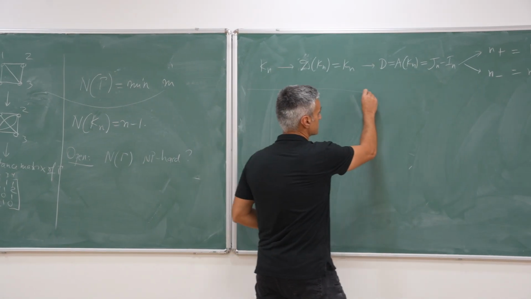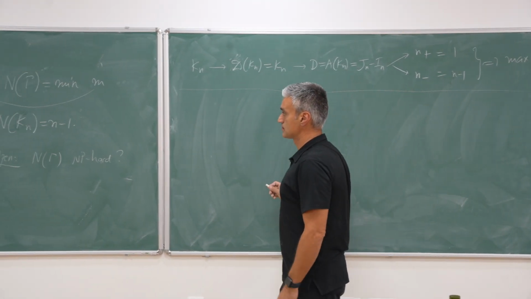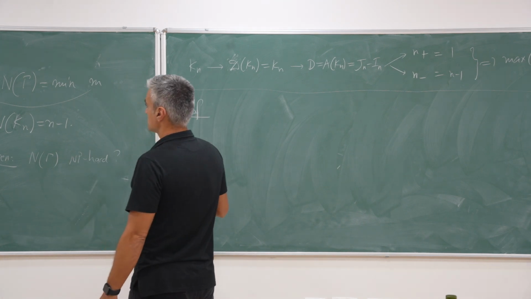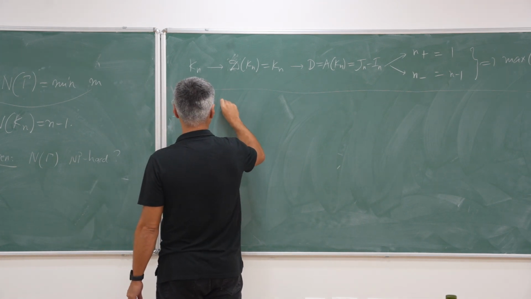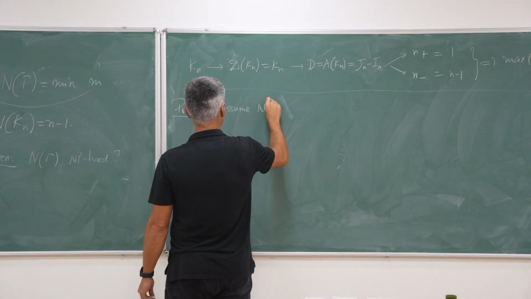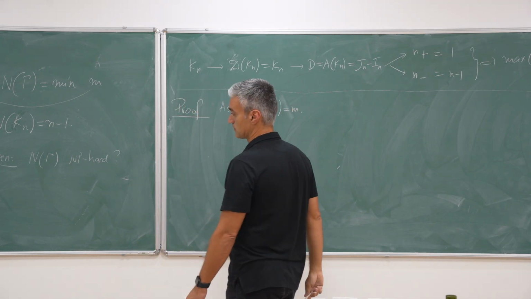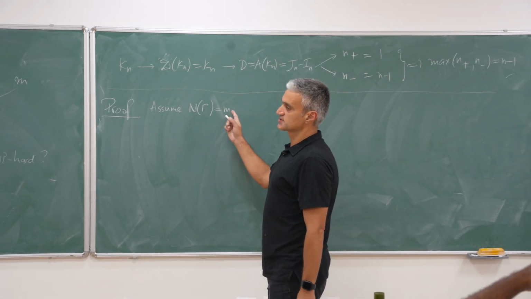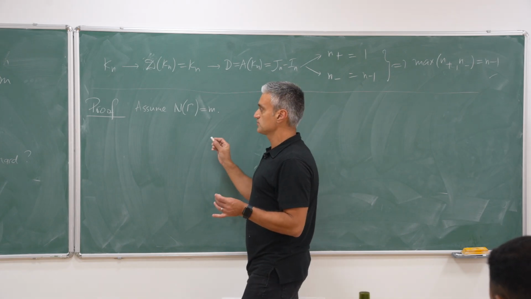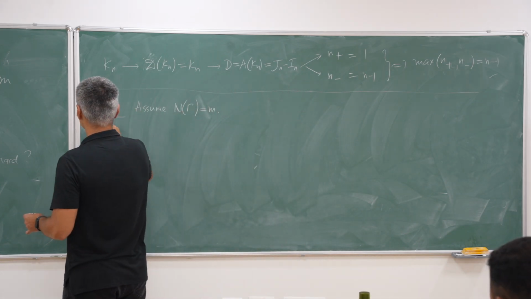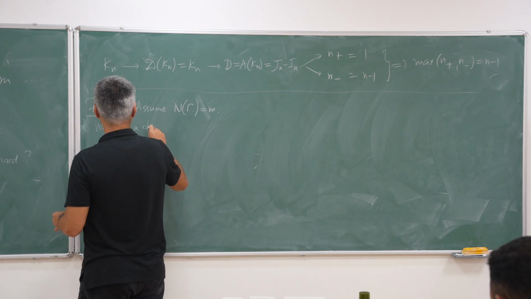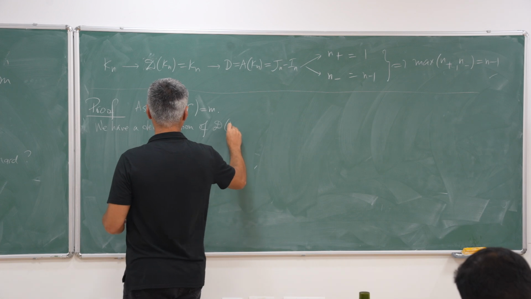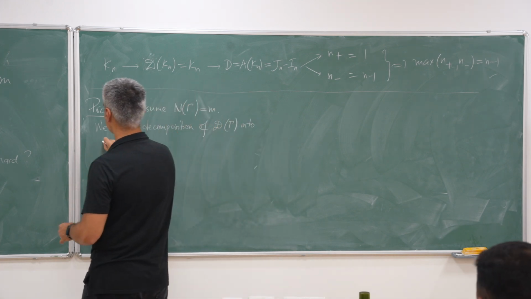So let me give you the proof of this result. Assume n of gamma is m. Because n of gamma is m, we have this addressing, and what it means is we have a decomposition of this distance multigraph of gamma into m of these bicliques, with parts x1, y1 through xm, ym.